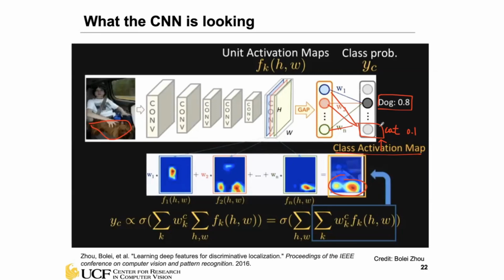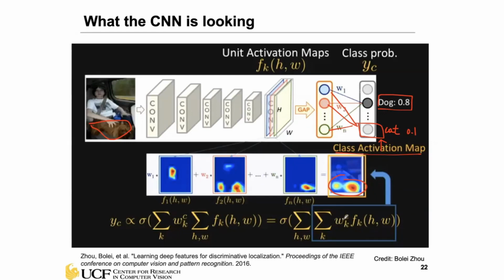Okay. You can also change to another class. Maybe I want to see other classes. Let's say here we have a cat class, and the network gives a probability of maybe 0.1. We can do the same. Here we connect with the weights connected to the cat class, not this w1, w2, and wn, right?